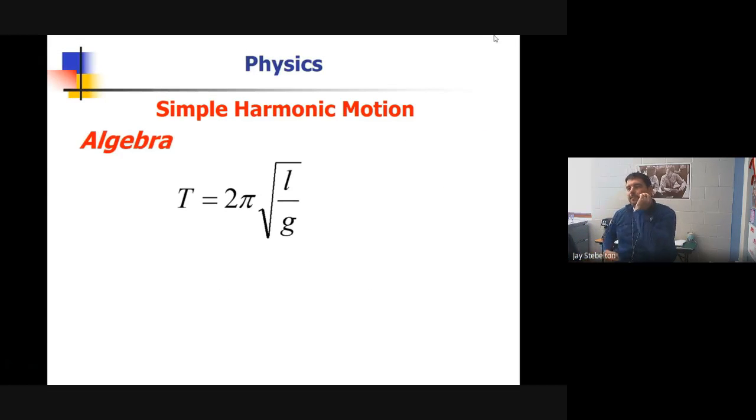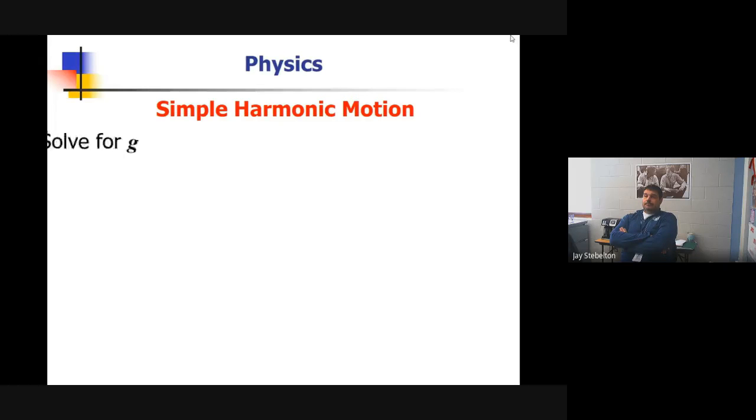Well, what else can I find? T is 2 pi the square root of L over g. I can use this to solve for the acceleration of gravity. I can measure the acceleration of gravity directly with a good pendulum. So how do I solve for g? T is 2 pi the square root of L over g.